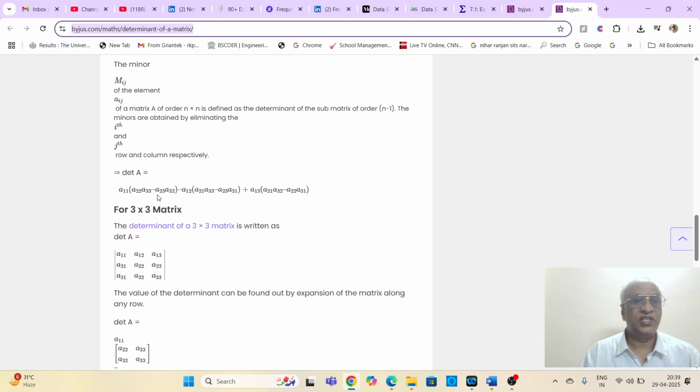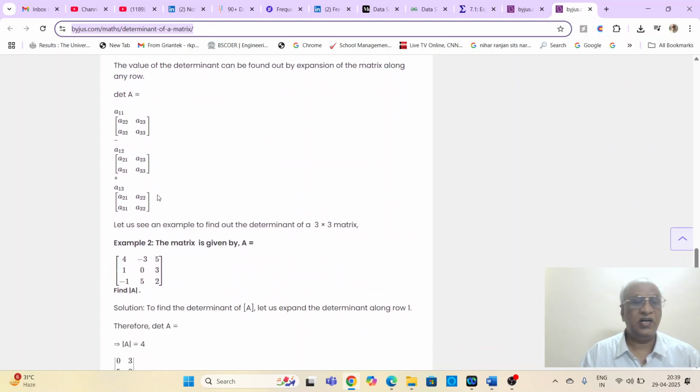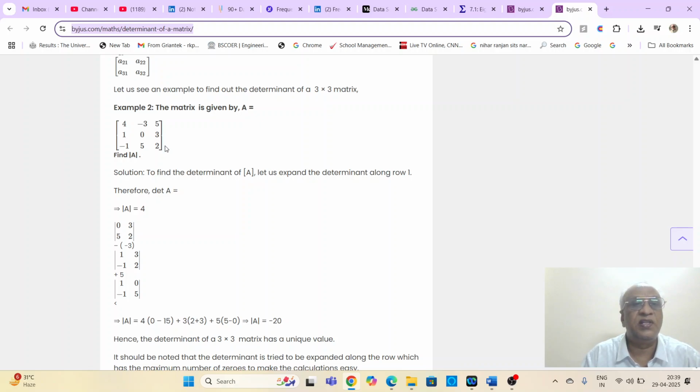Similarly, if it is a 3 by 3 matrix, let us directly look at the example. This is my 3 by 3 matrix. Now I want to find the determinant of this matrix A. I take my first element and exclude the row and column where this element belongs. What remains is 0, 3, 5, 2.